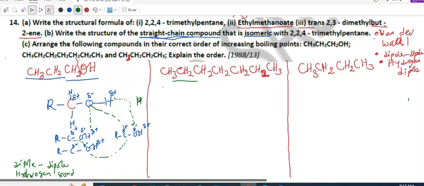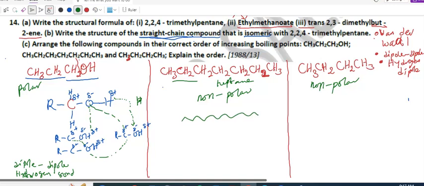So let's take this as example. This is heptane. It is a non-polar molecule, while this one is a polar molecule. There is no dipole attraction between the heptane molecules. In this kind of purely covalent molecules, what we have existing between the molecules are van der Waals forces. So assuming we have a sample of this, this is the first chain, this is the second chain, this is another chain, okay?